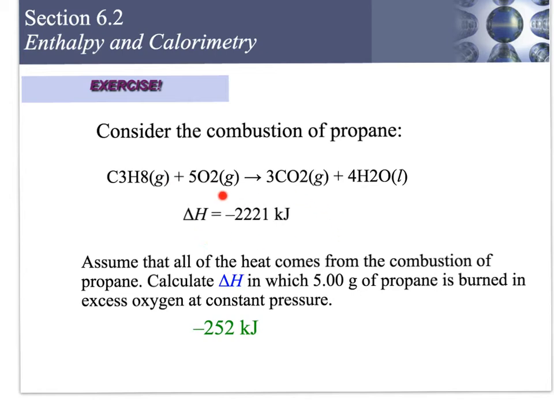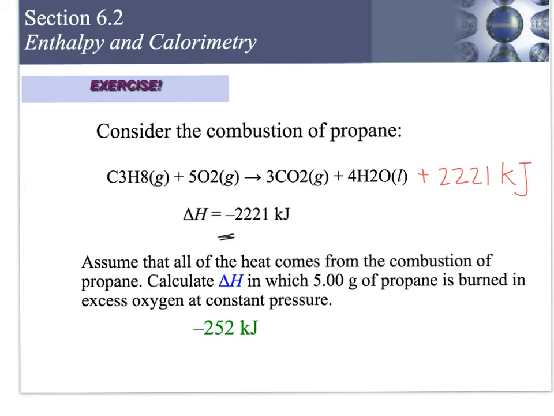And the enthalpy of this reaction is negative 2,221 kilojoules. The fact that it's negative tells us that it is exothermic. So since it's exothermic, when these products come together, they release energy, which means we can actually write the energy, if we wanted to, as another product because it's being released.